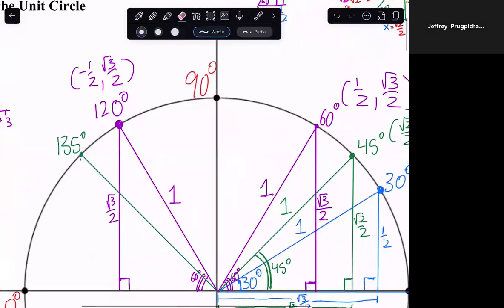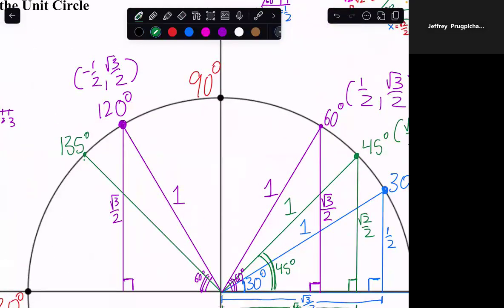Okay, so back to the 135-degree angle. Again, we want to form a right triangle, so we draw the line straight down. It's called an altitude. That forms a right angle with the negative side of the x-axis.